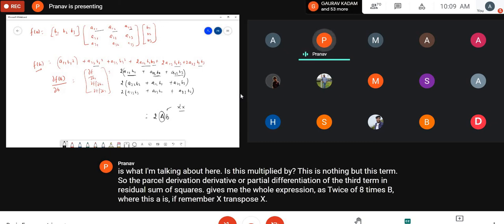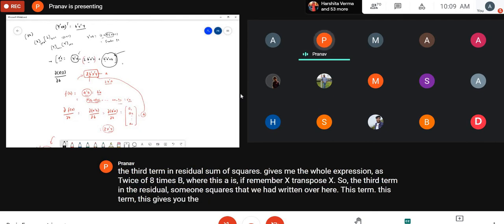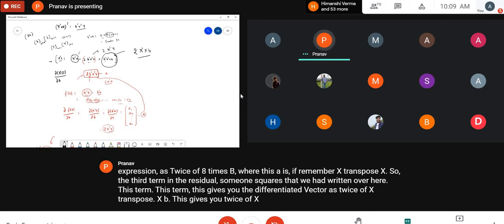So the third term in the residual sum of squares that we had written over here gives you the differentiated vector as twice of x transpose x b. This gives you twice of x transpose y.